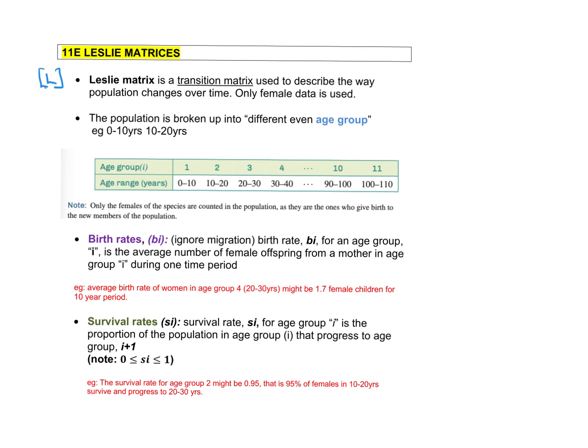So that's what this Leslie matrix is going to have. Age group 2 might be 0.95, which means 95% of the 10 to 20-year-olds survive and progress to 20 to 30-year-olds.